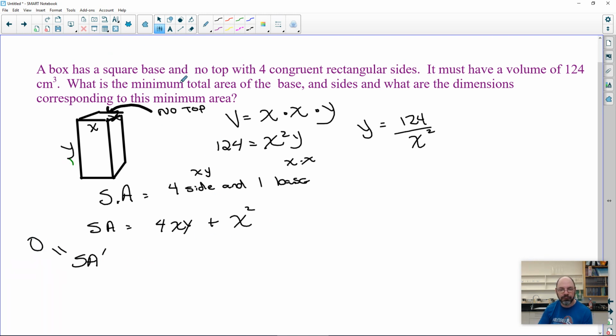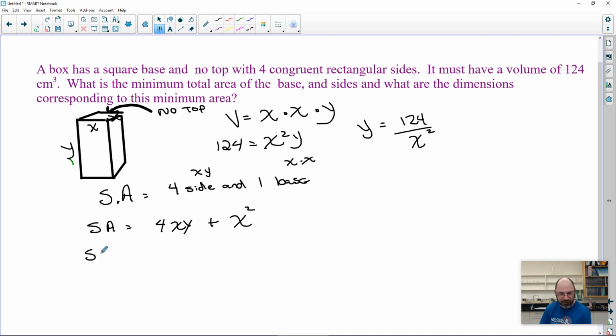But we have a y here, so we have to plug this y in. Maybe I'm jumping the gun a little bit. Before I can take the derivative, I don't want to use implicit differentiation if I don't have to. So I'm going to use a substitution to get rid of this y before I take the derivative.